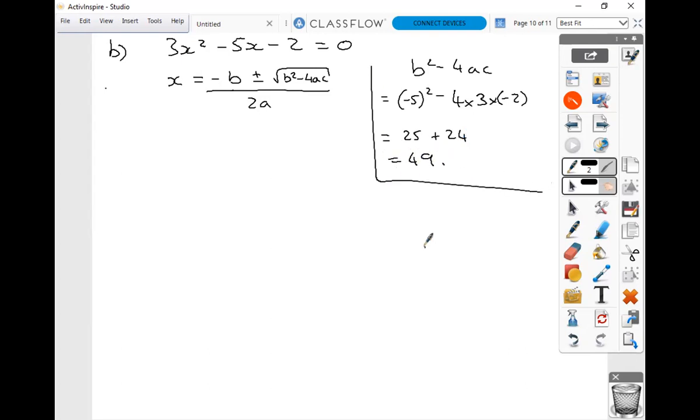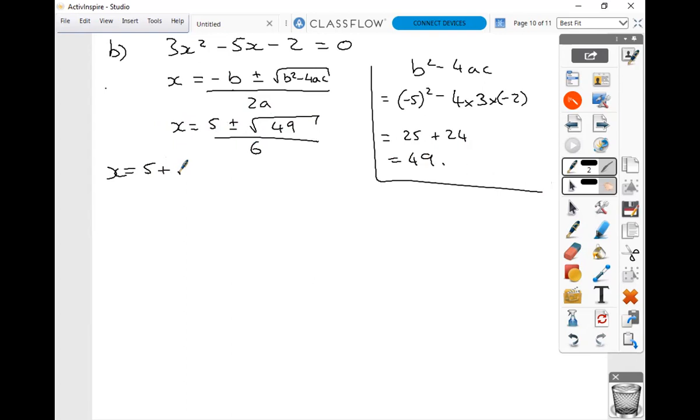Okay. x equals negative negative 5, which is going to give me 5, plus or minus root of 49 over 2 times a, which is 2 times 3, and gives me 6.